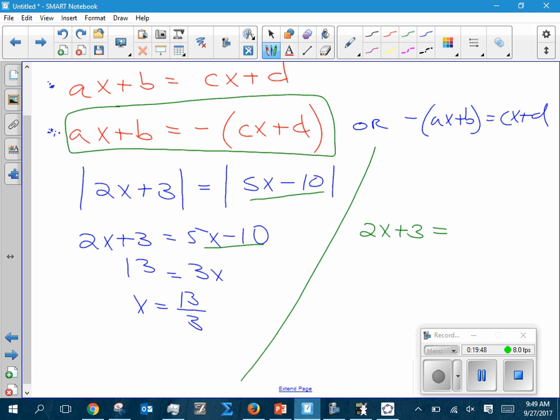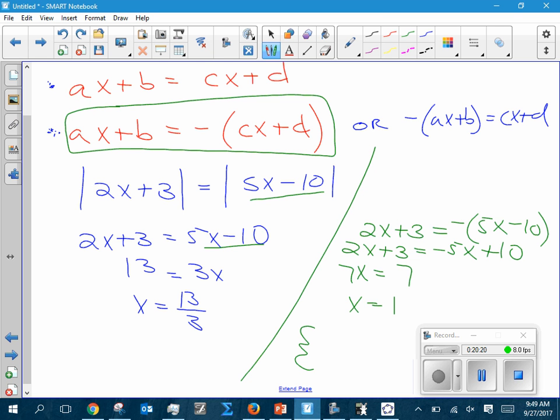So I'm going to rewrite. I'm very deliberate with this because I don't want to make a mistake with that negative sign. A lot of people will just put the negative with the 5x and forget that they have to distribute it. We're going to go 2x plus 3 equals negative 5x plus 10. We're going to add 5x to both sides, so we get 7x. I'll subtract 3 from both sides, so we get 7. x is 1. So my two solutions are 1 and 13/3.